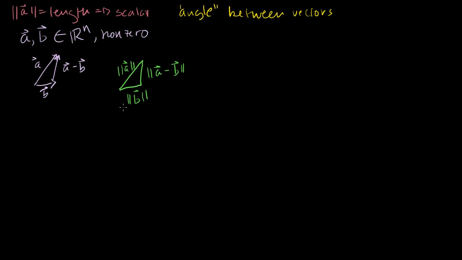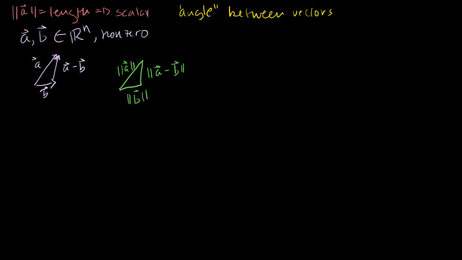Now, the first thing we want to make sure is that we can always construct a triangle like that. And so under what circumstances could we not construct a triangle like this? It's kind of a subtle point, but I want to make this very clear. In order to define an angle, I want to be comfortable that I can always make this construction.